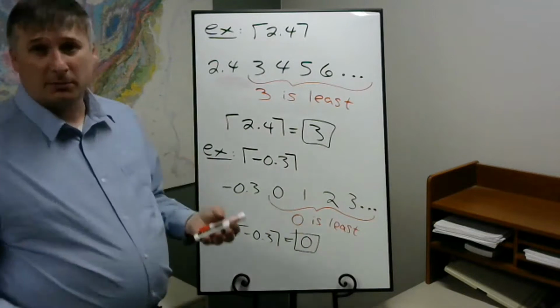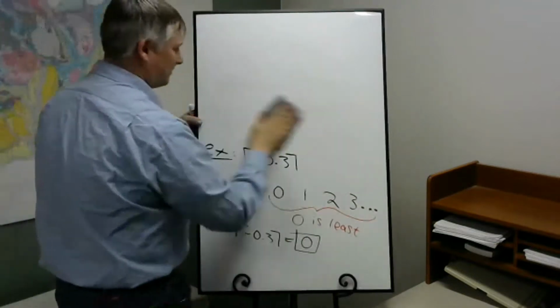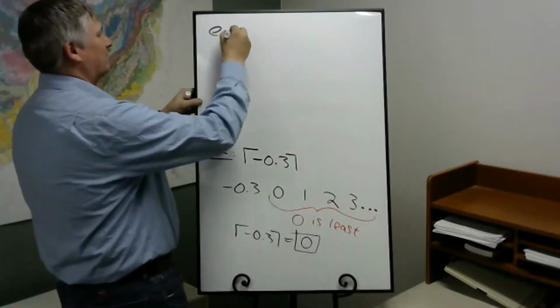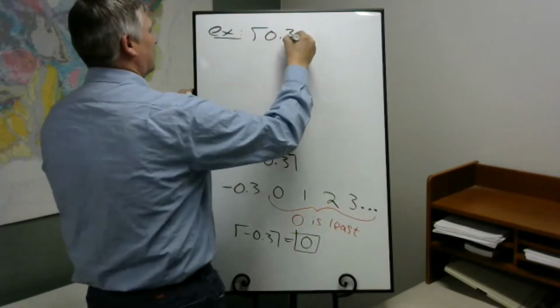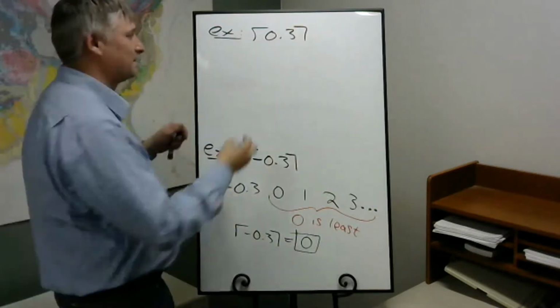Now if we take a look at 0.3, again, list all the integers on its right.